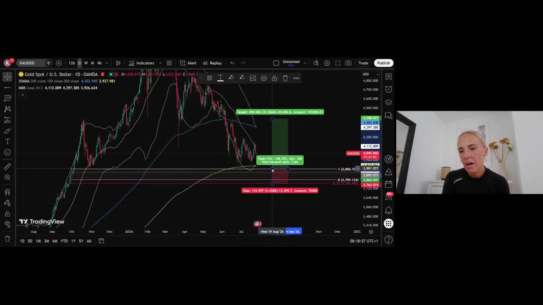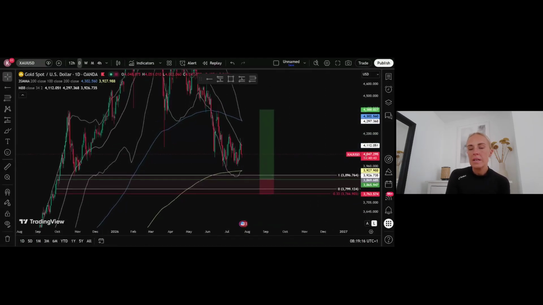If I wanted to refine that zone slightly and put it to the green line, which is my preferred entry, then you're looking at a 1 to 4, nearly 1 to 5 risk to reward. Right, so that would be a demand.